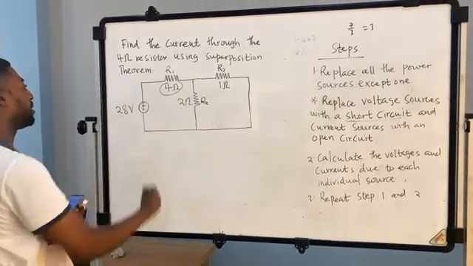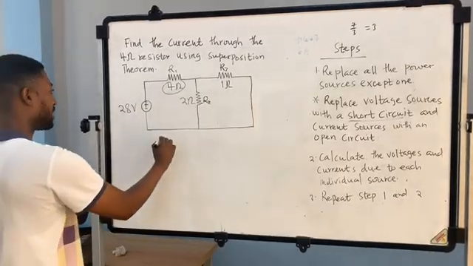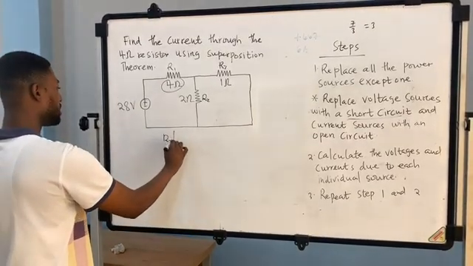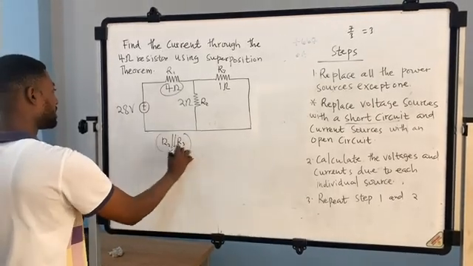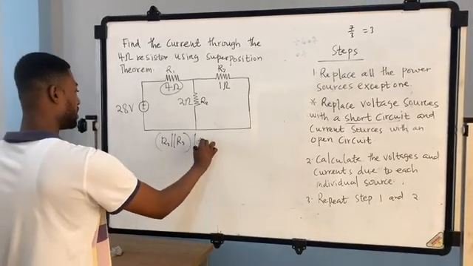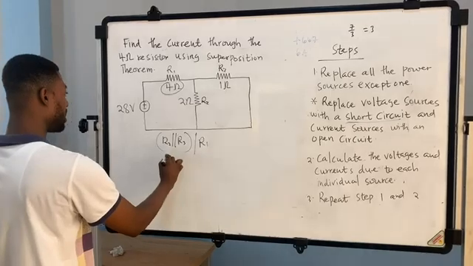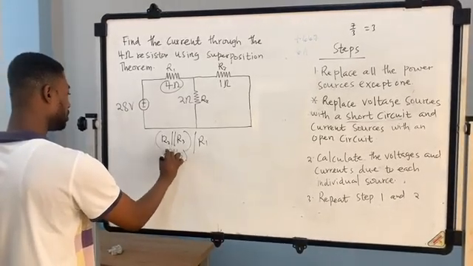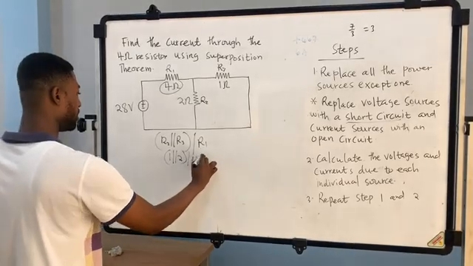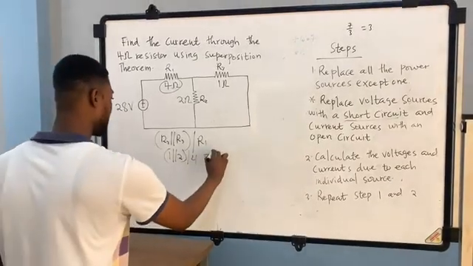To calculate the current flowing through R1, we realize that R2 is in parallel with R3, and all this is in series with R1. So we have 2 in parallel with 1, in series with 4.